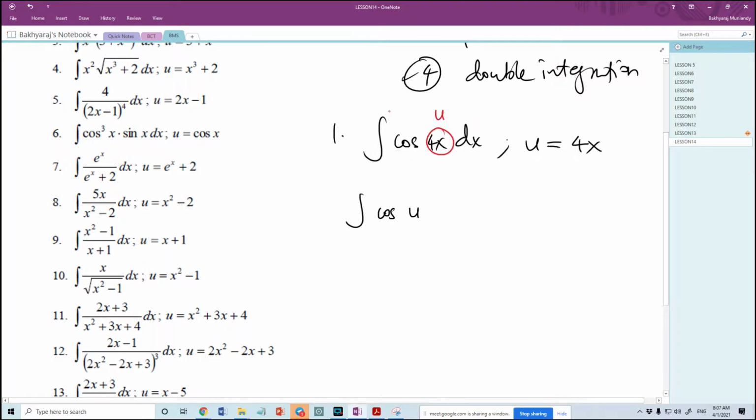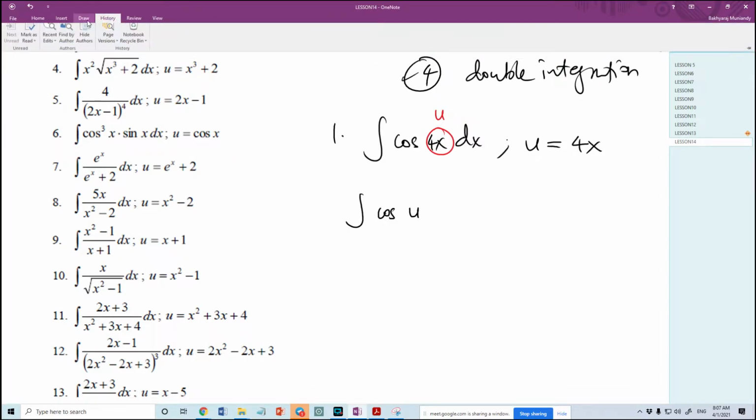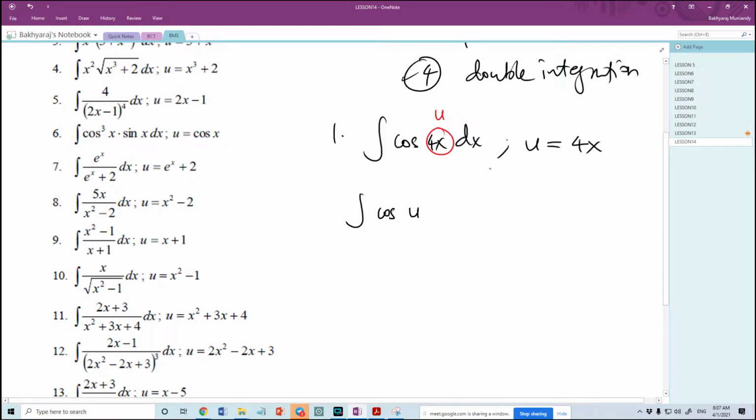Now the problem is, since you already substituted u for 4x, the dx we need to change to du. We have to solve the problem by converting everything in terms of u.